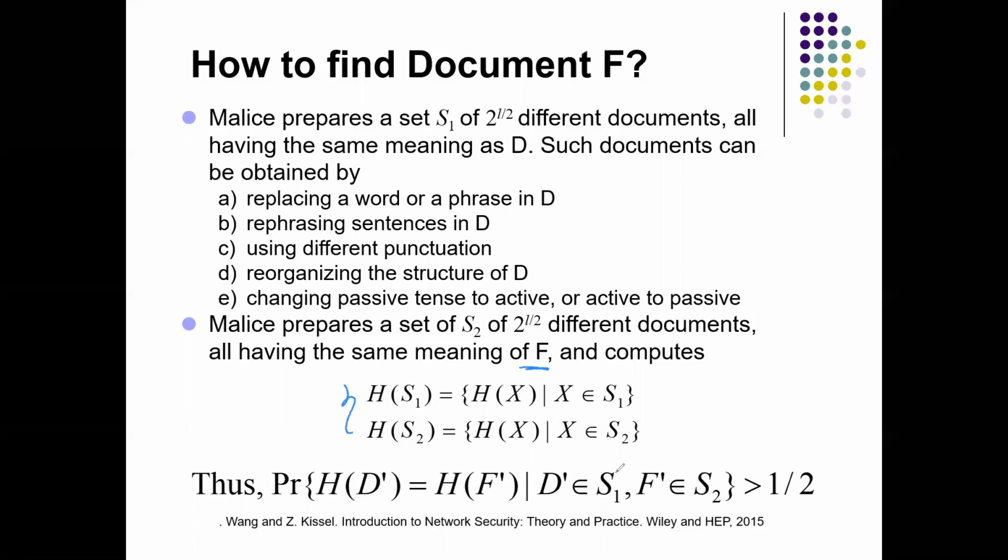So for the element belonging to both sets, let's say this is D prime, the other one is F prime. Now Malice will present D prime to the authority, get the authority's signature, and then replace D prime with F prime, using that same signature.